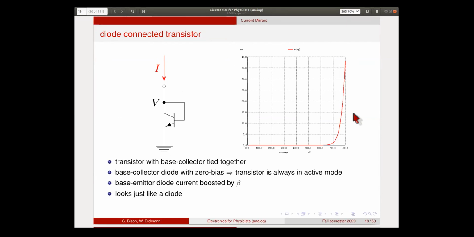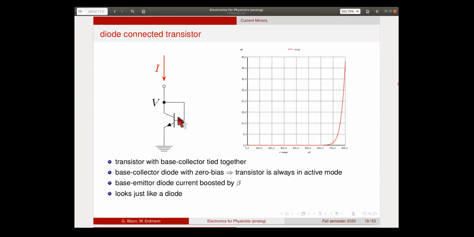So it'll always work nicely. It does not mean that you can basically ignore the transistor and you only have this diode. It's still there. It's still a transistor. So the base emitter diode current, which you of course have here, is still boosted by the amplification of the transistor. But the net effect, of course, looks just like a diode.